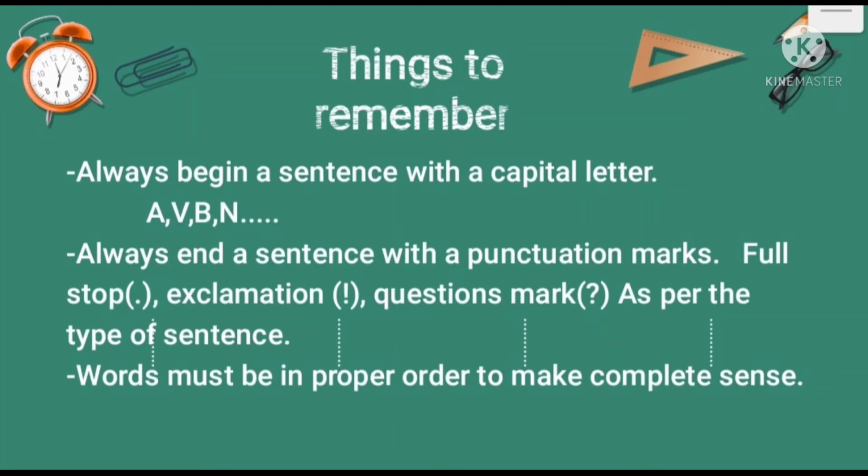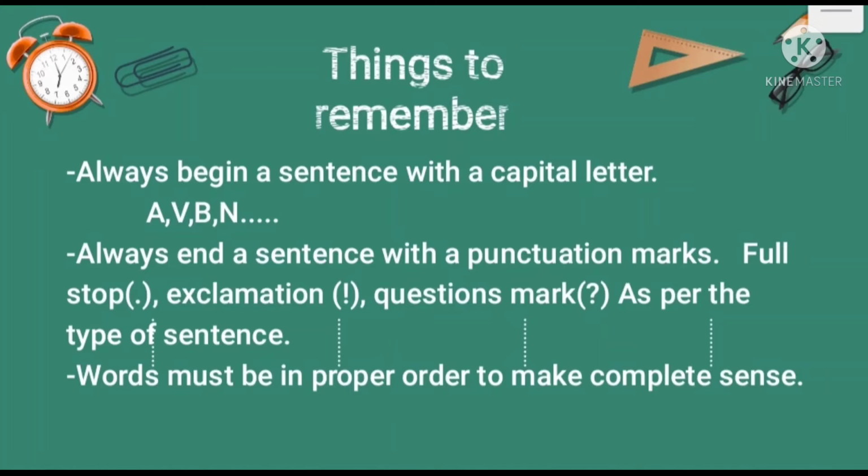So children, we must end a sentence with a punctuation mark. It can be a full stop, an exclamation mark, a question mark. It depends upon the type of sentence. You have to use the correct punctuation mark according to your sentence.